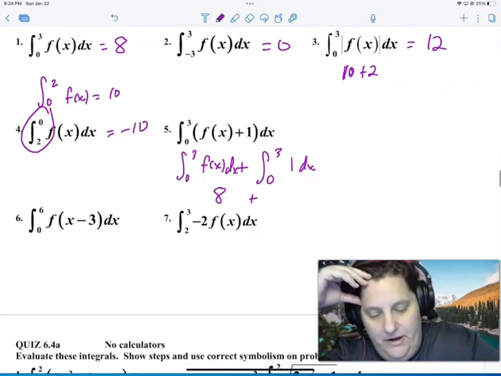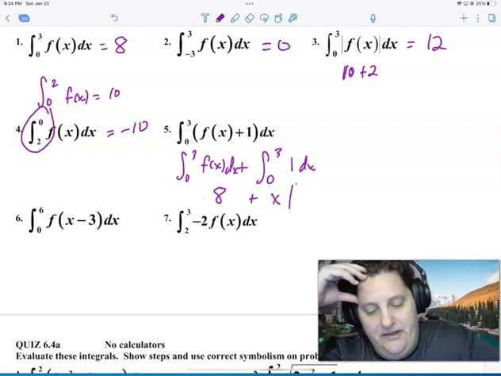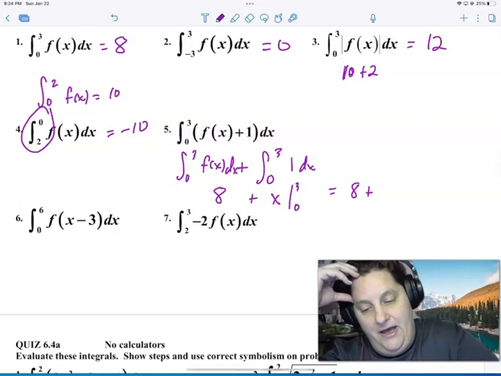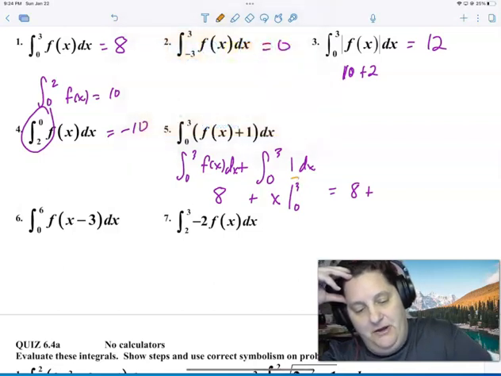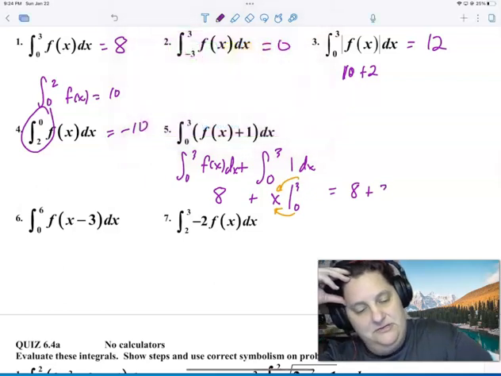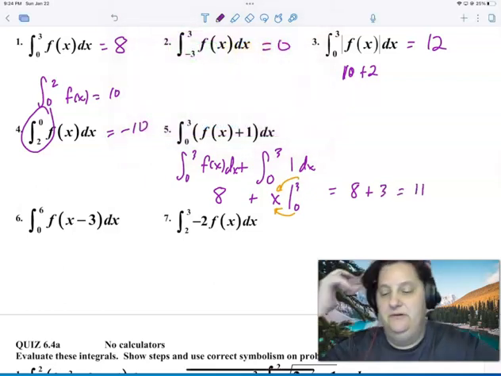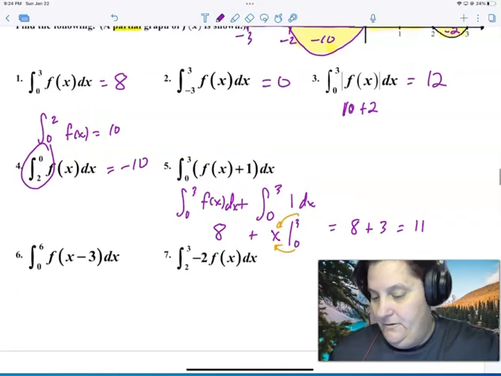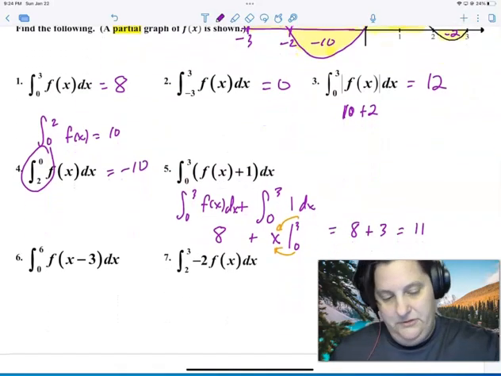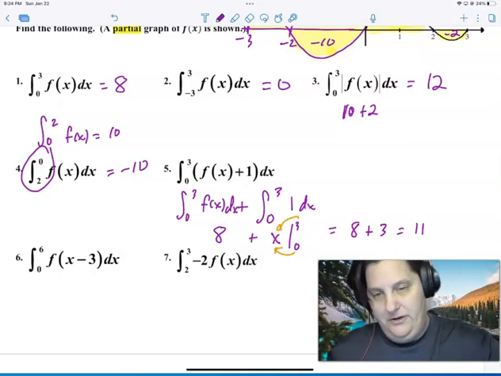Well, the integral of 1 is just 1x evaluated from 3 to 0, which is, we do top minus bottom. 3 minus 0 is 3. So this is x plus 3. So this is 11. Okay, where were we? Okay, so 8, 0, 12, negative 10. That's good. 11. Okay, good.